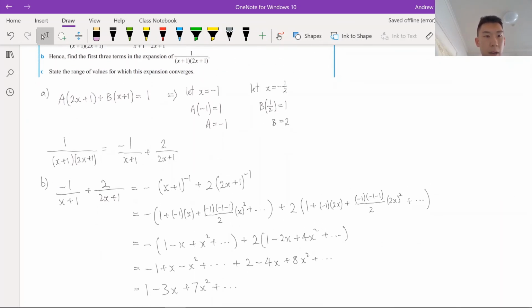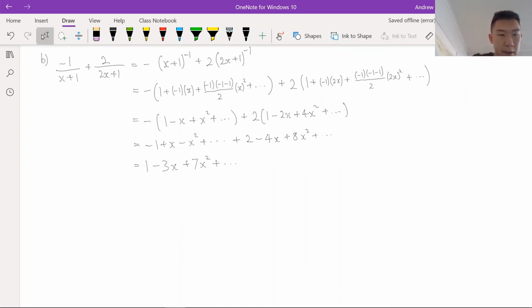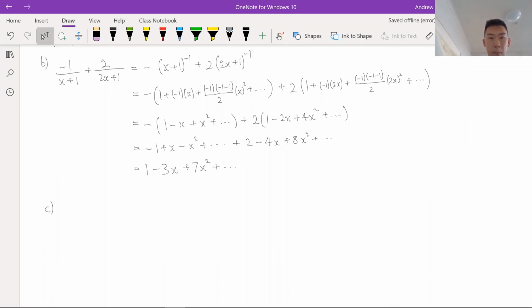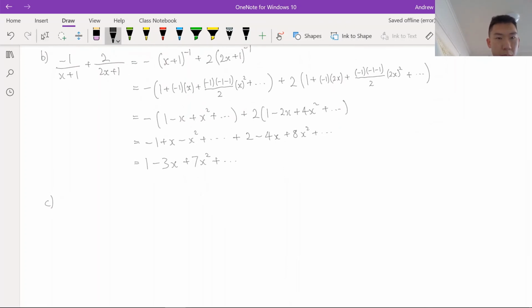Okay, and finally, state the range of values for which this expansion converges. Alright, so since we have 2 expansions, the first expansion will converge when, remember the conditions for convergence, the absolute value of x is less than 1.